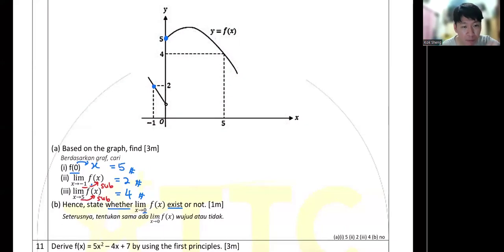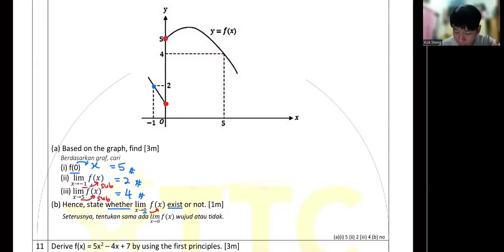So x to 0, the 0 is x, right? Look at the graph here. How do you know whether you have the limit as x tends to 0? Very simple. x to 0 is over here on the graph, and also over here.